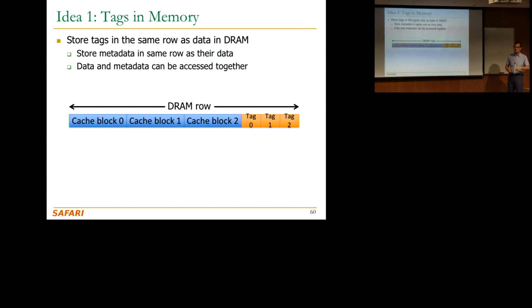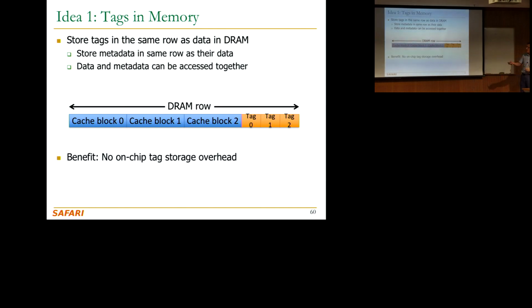Another option is, of course, you store the tags in one part of DRAM and the data in some other part of DRAM, and that doesn't perform well, as we will show in the results. If you do them together, that's good because you can access data and metadata together, and you can do the tag check quickly, and if the tag check matches, the cache block is in the same row, which you've already opened, hopefully.